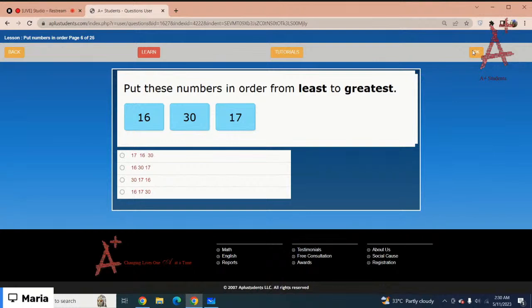The correct option is 16, 17, and 30. The last one is the correct one.